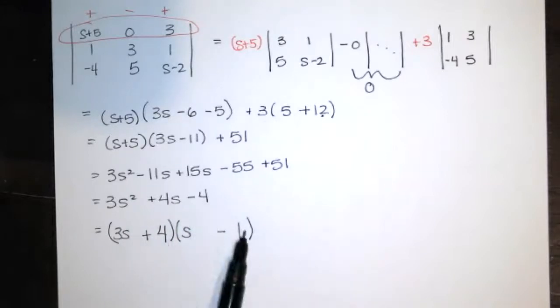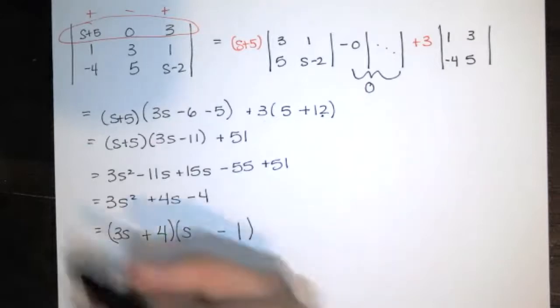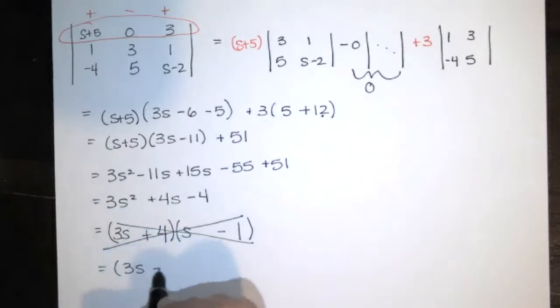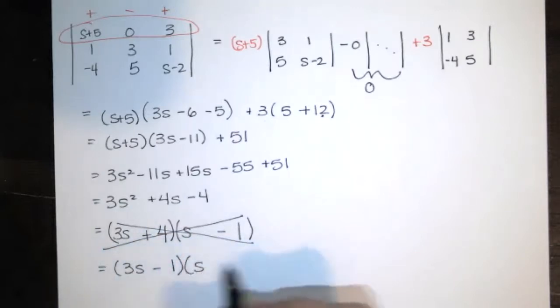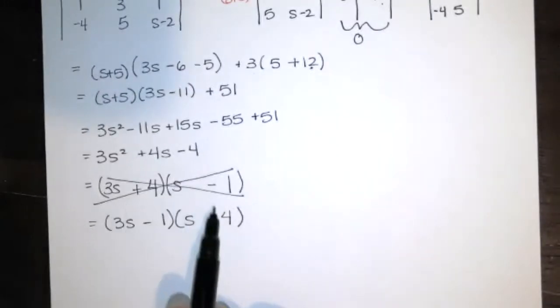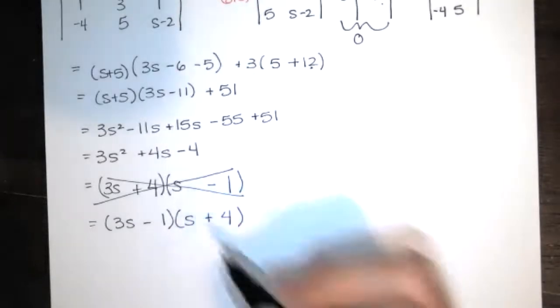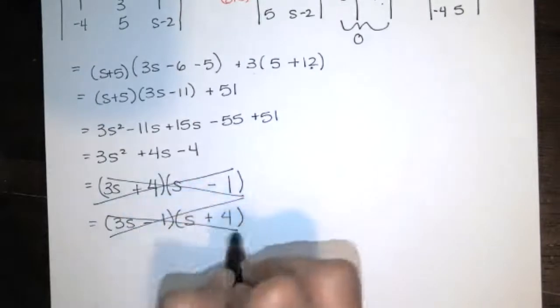So I'd have negative 3s plus 4s would be a positive 1s, not a 4s. So that won't work. Let's see, what about the other way? What if I put a minus there and a plus there? Then I'd have 12s minus s, and that's going to give me an 11s. Nope, that won't work.